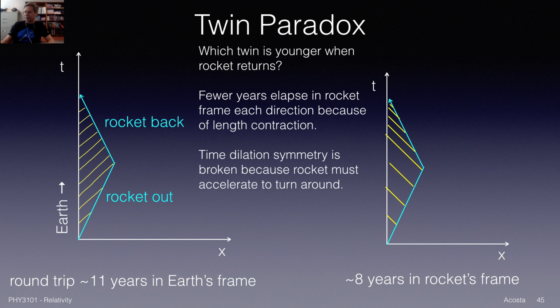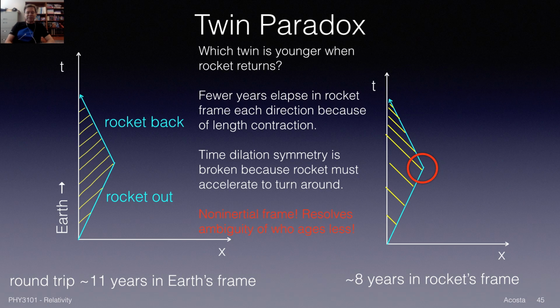But if you're going to turn around, that means when you reach your destination, you're going to switch directions 180 degrees. Obviously, you have to accelerate. You've got to stop and then accelerate and switch your velocity in the opposite direction. That is not an inertial frame anymore, right? It's a non-inertial frame. You're going to feel that force, that acceleration, as you are accelerating in the opposite direction.